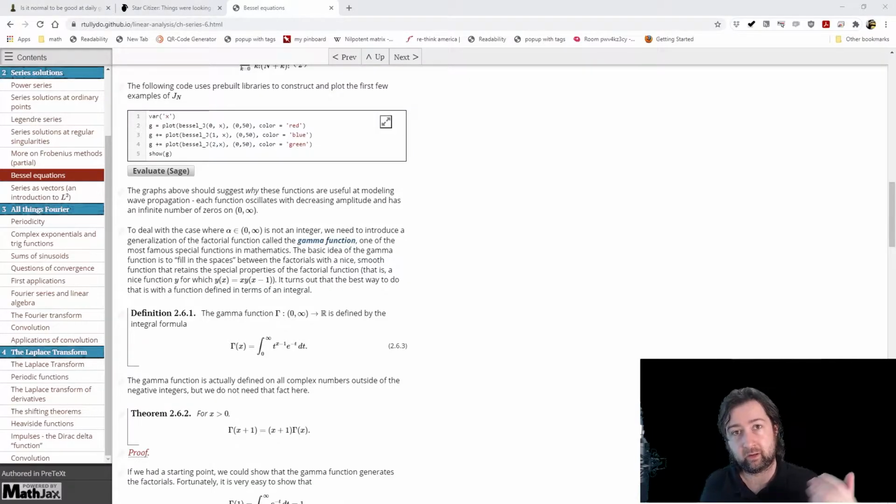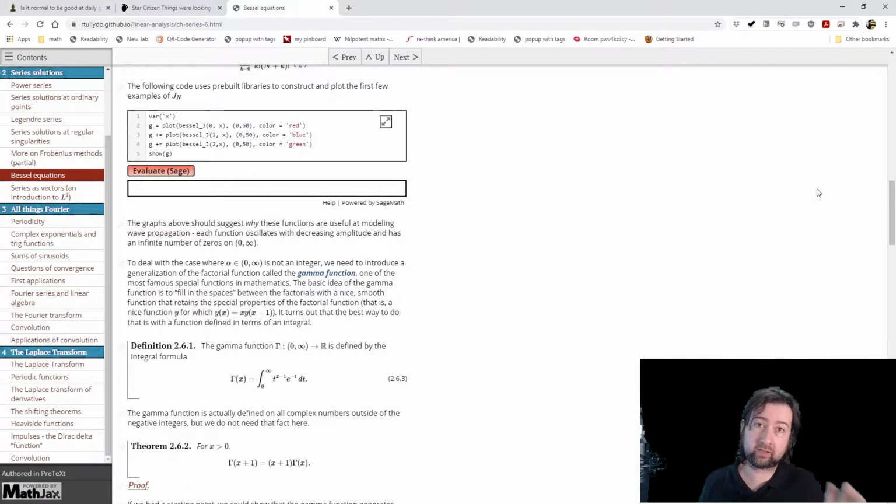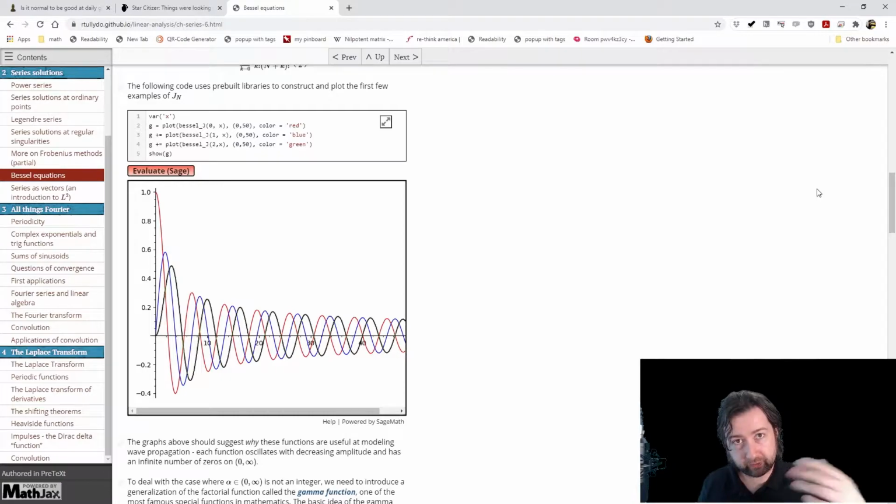So on the online notes for this, I've got some Sage code. I will build a demo for Bessel functions as well eventually. But if you evaluate the Sage, you can actually look at some of the graphs for what the first couple of Bessel functions look like. The Bessel J here refers to Bessel functions of the first kind, and we're just picking different orders, so order 0, order 1, order 2, which are solutions to those respective Bessel equations.